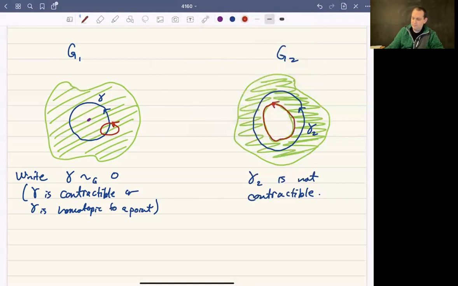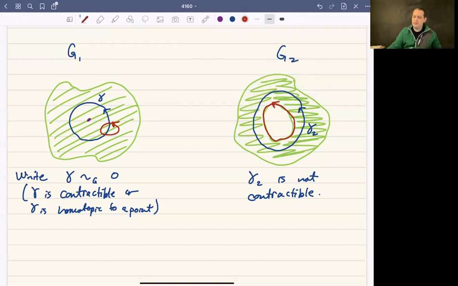You can maybe make it that small, but you can never contract it to a single point. And so the point of what I'm trying to say here is that the underlying set G matters. When we're talking about a homotopy, the two paths have to stay in G, and that can affect whether two paths are homotopic to a point, whether two paths are homotopic at all.